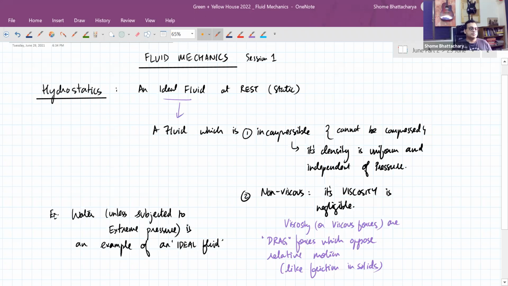Whatever we learn in this chapter about a fluid at rest will be with the assumption that it is an ideal fluid. That means it has uniform density independent of pressure, and viscosity in it is absent.